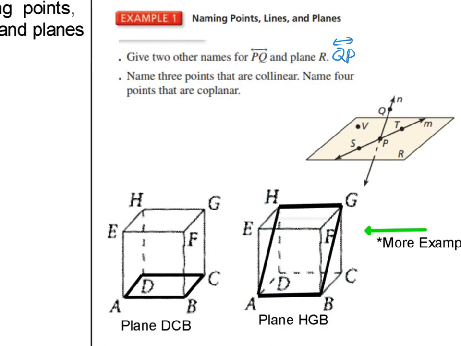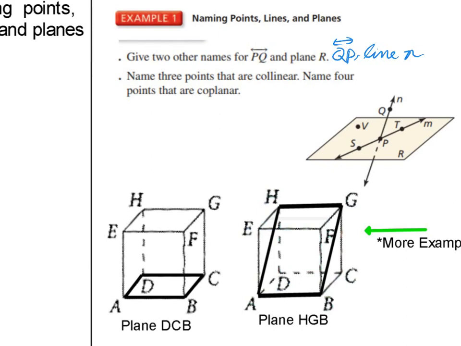Line N. Right, with that lowercase letter. Oops, it's still on freeze mode. Let me unfreeze it. There you go. So line QP with the arrowheads, or line N with just the lowercase letter. Questions on that first bullet point?